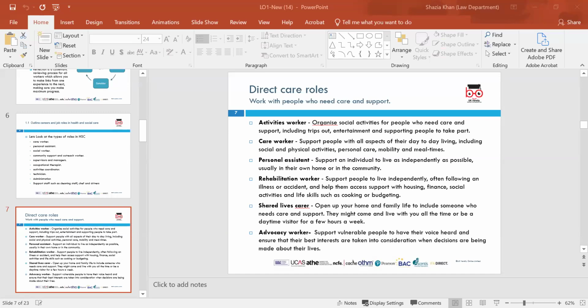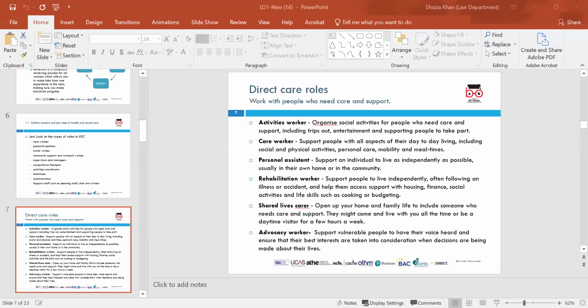Then we have an advocacy worker. An advocacy worker is there to support people in accessing any sort of services. What kind of services would an advocacy worker be able to help the individual with? Could it be things like disability living allowance, or housing, trying to get them housing in place?